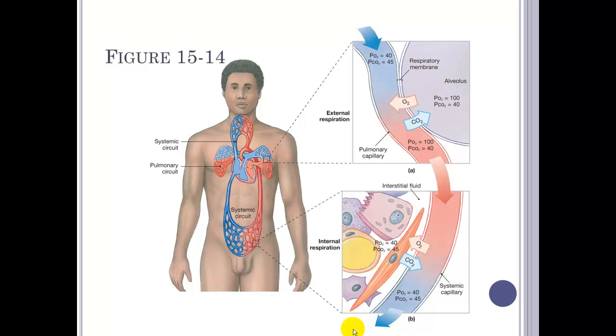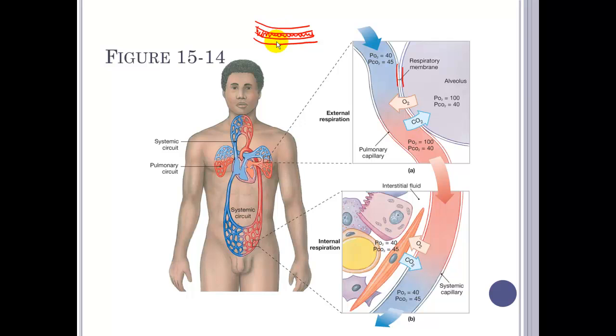So, external respiration versus internal respiration, and this is figure 15.4. This is very, very thin. This is the alveolar area, the alveolus, and this is essentially attached by a basement membrane and an epithelial cell layer. This here would be the basement membrane.